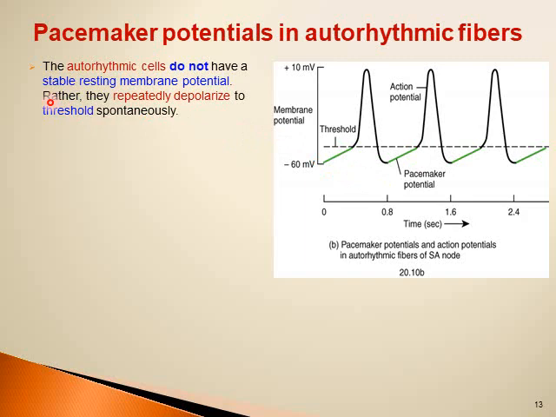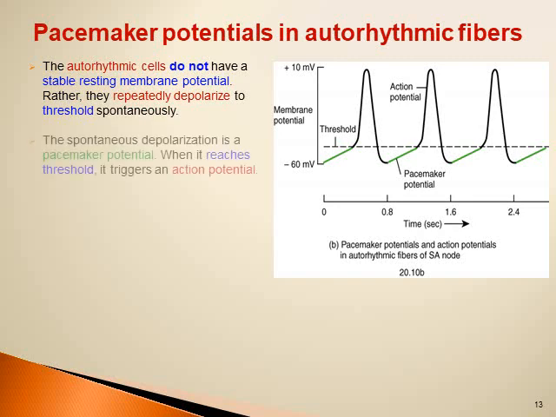Okay, so they repeatedly depolarize to threshold spontaneously, and this is why the autorhythmic cells can generate action potential on their own. The spontaneous depolarization, or this part of the change in the membrane potential, is called pacemaker potential.